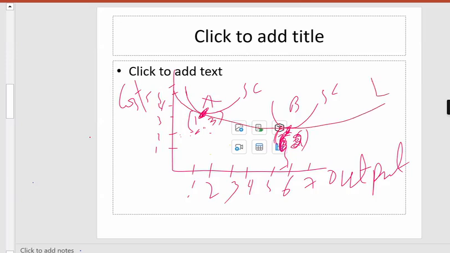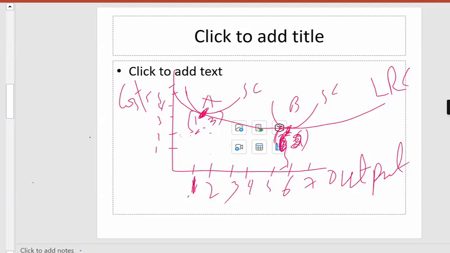Hii tunaita ni long run what? Long run cost. Long run cost, we have several points of short run what? Cost. We have variations. Kwa mfano at level 3 here, at point A, we were able to produce 1 unit, unaona hapo, kwa kutumia cost 3.